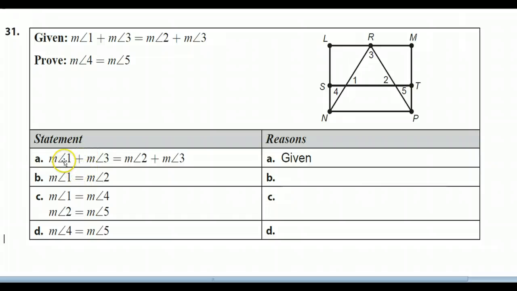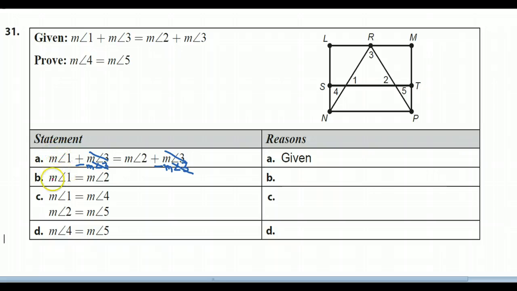So if you look at from statement A to statement B, what happened, same statement except we're missing angle 3. So what happened is that we subtracted angle 3 from each side. So if I do minus the measure of angle 3 right there, and using algebra, whatever I do on the left, I need to do on the right, they're going to cancel on each side, and look what I have left.